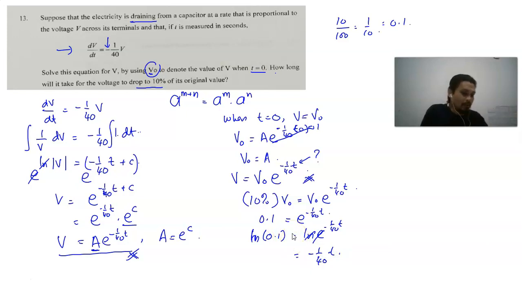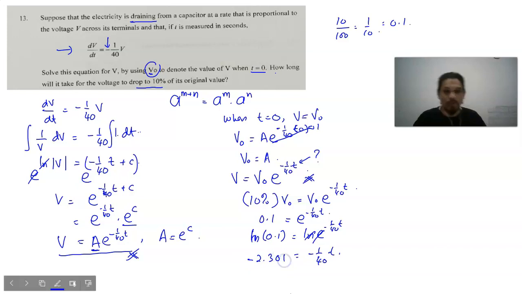And natural log of 0.1 equals negative 2.301. So we'd like to find out the value of t here, multiplied with negative 40.